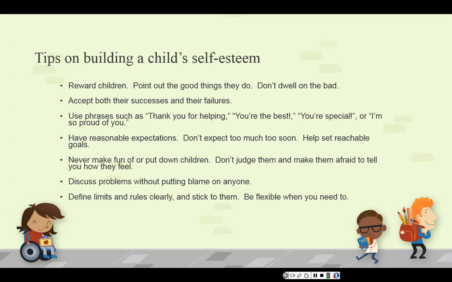We don't want them to be afraid of telling you how they feel. Whining is not appropriate, but we need to teach them how to talk about their feelings in a respectful way. Discuss problems without putting blame on anyone, and setting limits and rules is very important. In a lot of these trainings, we're talking about giving kids freedom, letting them have freedom, because that's how they learn. And it's true.